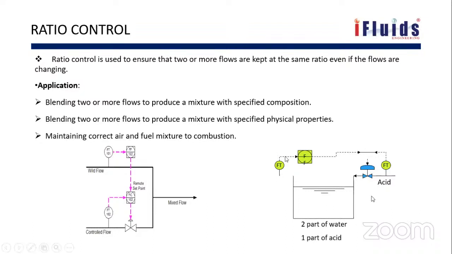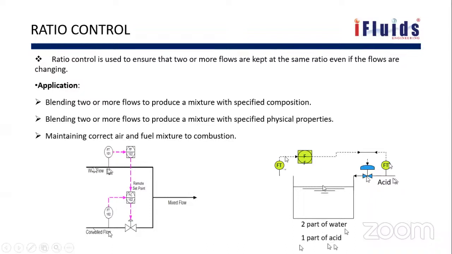For example, you see here 2 parts of water and 1 part of acid. So this is how you measure the acid, and here the water comes in. Based on that, the control valve will open and maintain the ratio. And here it is more clearly given. You will have a wild flow and a controlled flow.